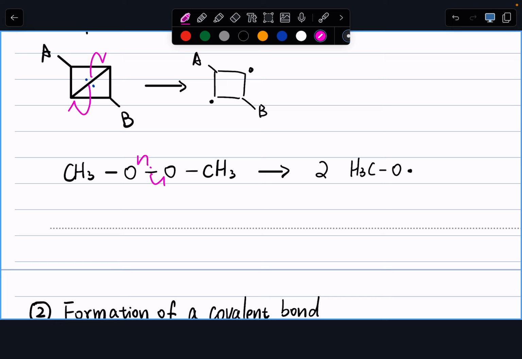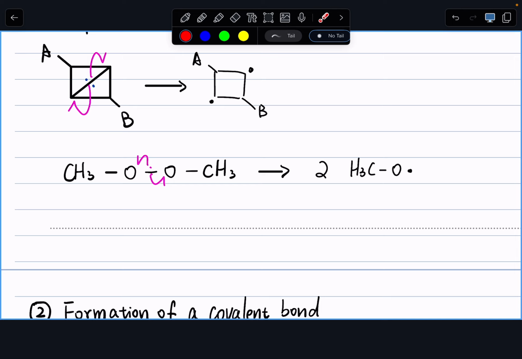Again, my expectation of you is two things. One, if I give you the arrow pushing, tell me what the product is. Two, if I give you the reactant and product, tell me how to draw the arrow pushing. And then, after everything, you should be able to tell what the nature of that reaction is, what elementary step we're talking about.